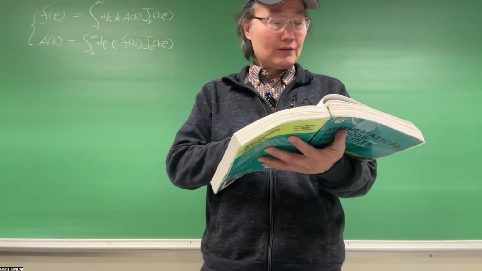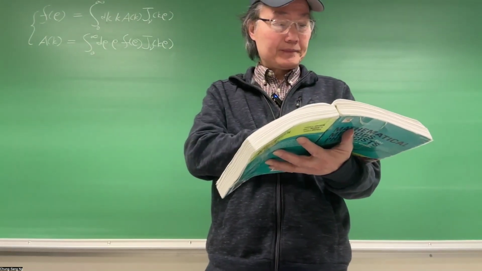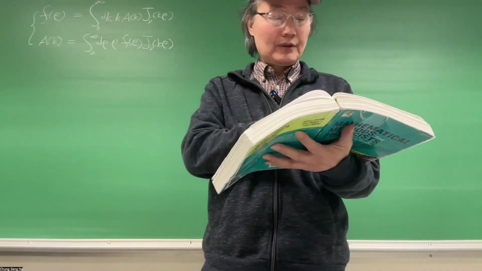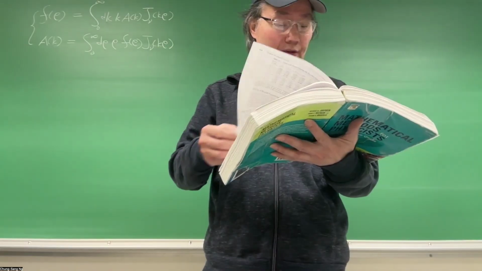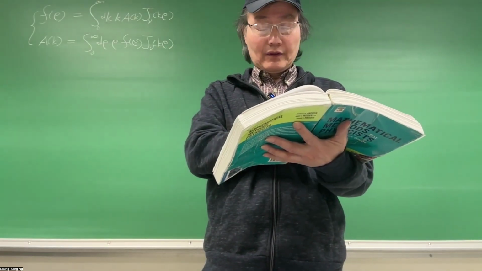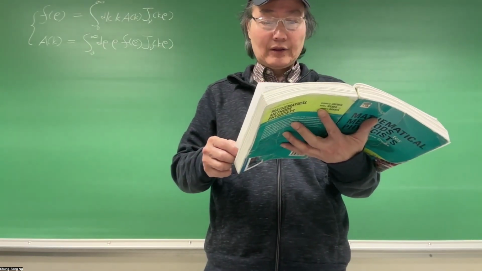To start the discussion, we need to go back to the series solution. So for the solution for the Bessel function, for Bessel equation, we discuss how you get the series solution.